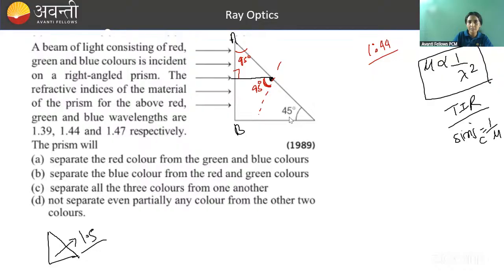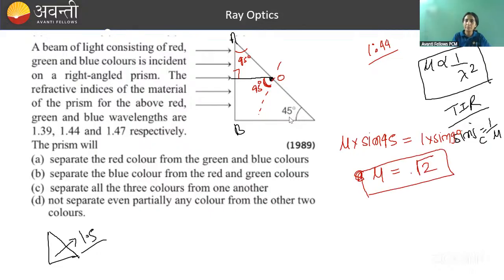If you write Snell's law at the point O, you will write mu into sine 45, and this is equal to 1 into sine 90, because we are considering the outside medium is air having refractive index 1. So from here you can simply see mu is equal to 1 by sine 45, that is root 2.